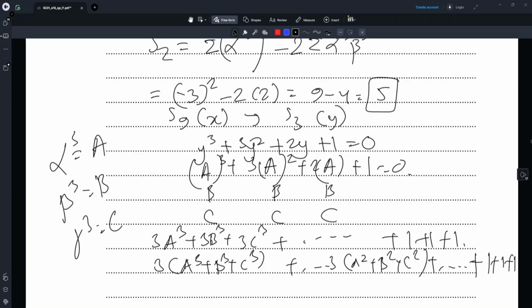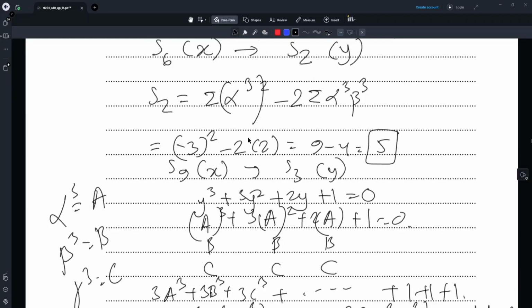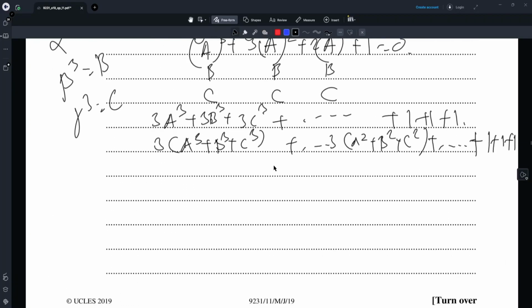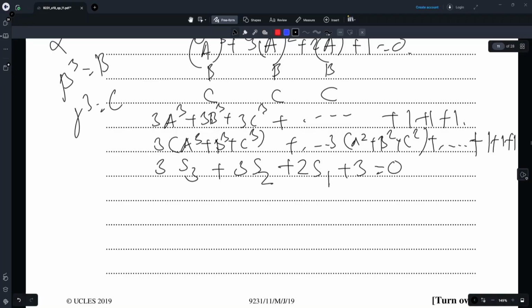Now, isn't this the same as the summation of the roots whole cubed, which is the same as S3 in this case? So 3 S3 plus 3 S2 plus 2 S1 plus 3. We are adding the constants together.